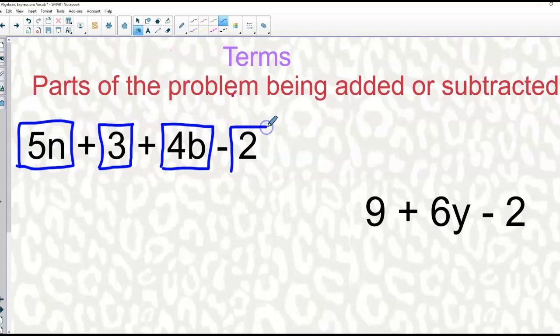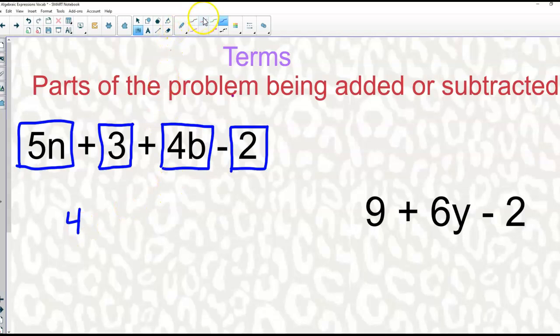These are all terms because they are either being added or subtracted to another one. It's sort of the parts that are in front of and behind the operation. So this expression has 1, 2, 3, 4 terms. If it asked you how many, we would say there's 4 terms here.